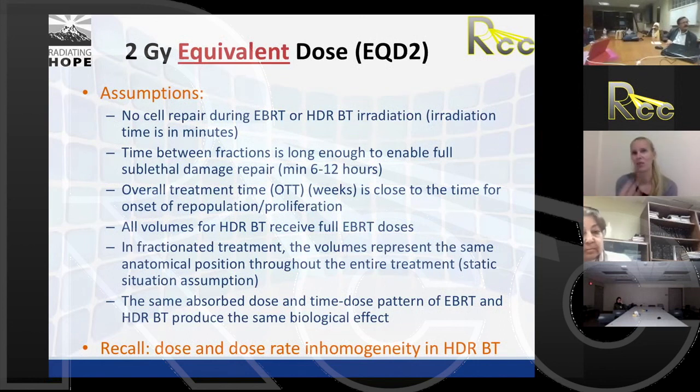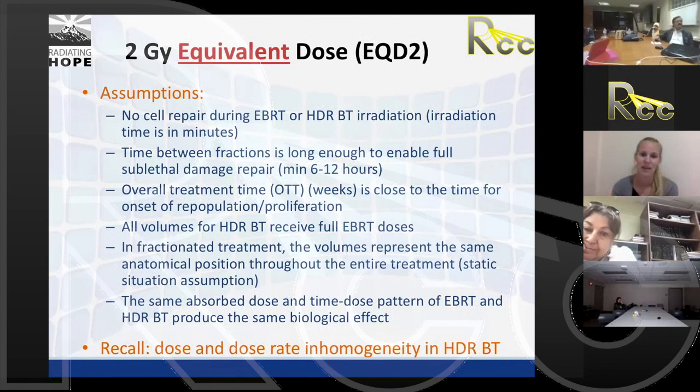So if you look at, say, your D2cc doses for your bladder, those D2cc doses might be in a different position in the bladder for each fraction. But again, we're assuming the worst, and we're assuming that in each fraction, those D2cc doses are actually occurring in the same position on the bladder. So again, we're overestimating the dose to our organs, which is a good thing.